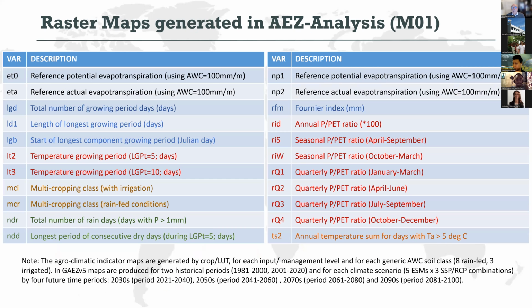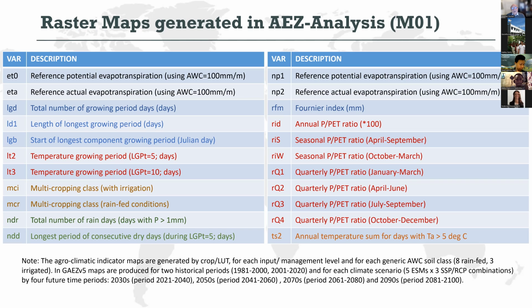Raster maps, this is a selection, there are in fact many more. Raster maps generated in the AEZ analysis of module 1 include those which are listed here. There's reference potential evapotranspiration in each grid cell, calculated a reference actual evapotranspiration, which uses a generic soil with 100 millimeter water holding available water capacity.